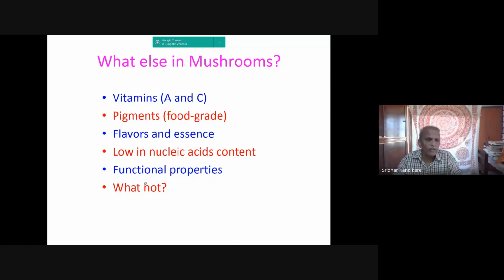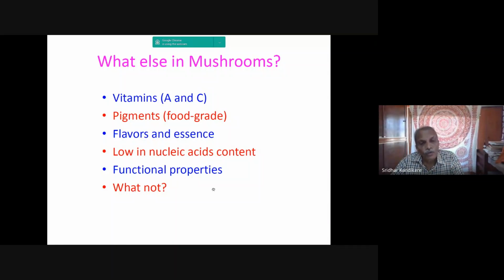And a lot of functional properties can be evaluated. When you take a mushroom, it has a lot of polysaccharides and probably gelling properties, water holding capacity, oil holding capacity, and several other functional properties that can be evaluated.